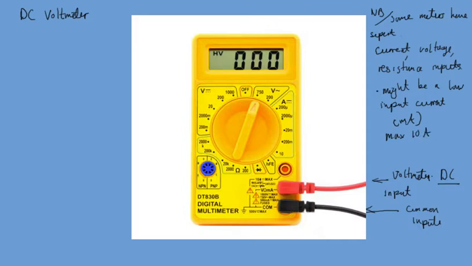This multimeter is actually only going to cope with smallish current, because it says here maximum of 10 amps. So that's your low input current. It's hard to make out the numbers because the image is a bit small, but you would need to make sure you have the right multimeter for the kind of ranges that you would be expecting.